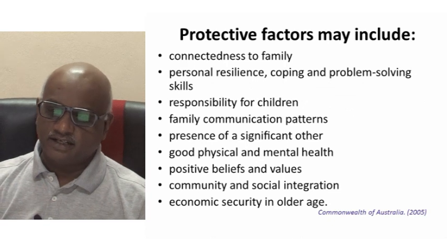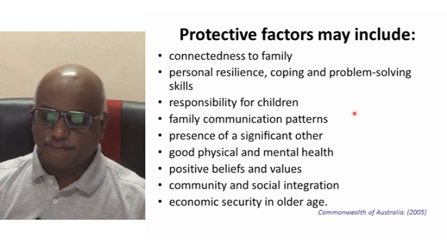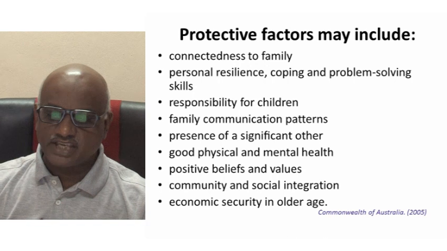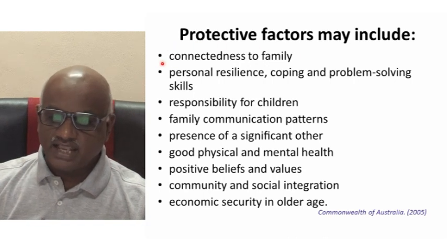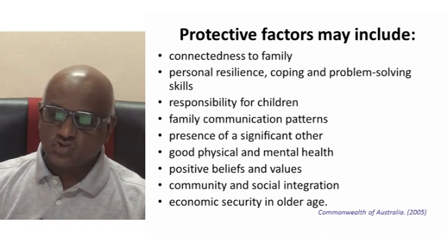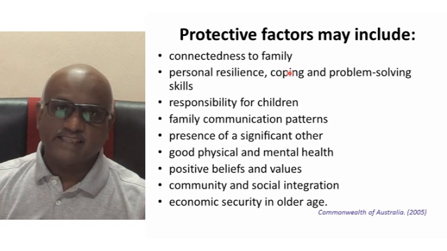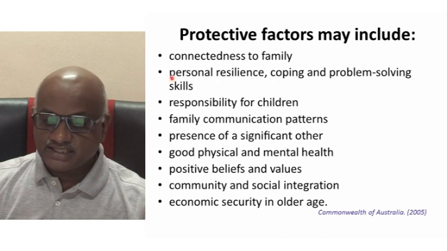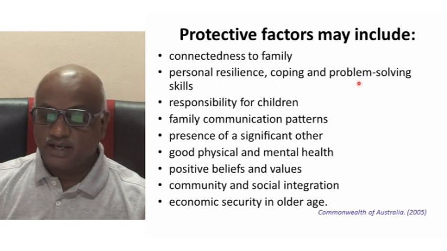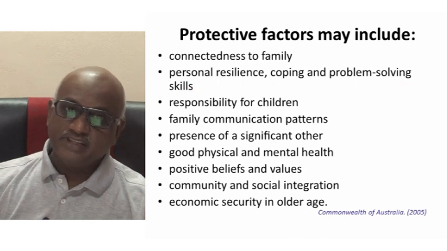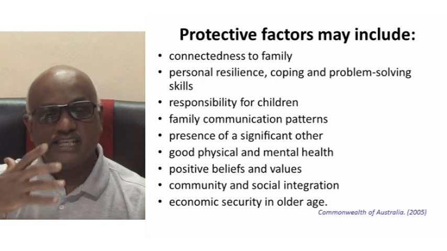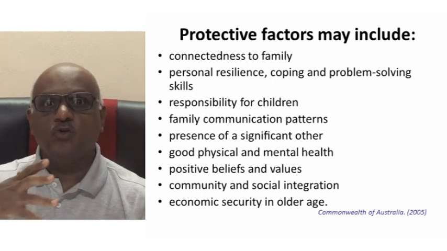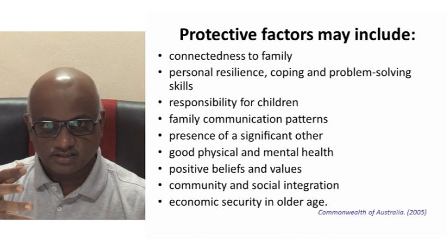Let us look at some of the protective factors that can actually reduce the suicide risk. One is being connected to the family. So improving our family links is very important. And then personal resilience and coping and problem solving skills. Now this is something parents and teachers can do. Improve problem solving skills in children.